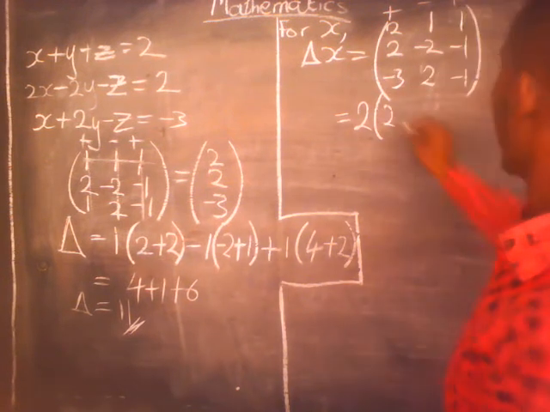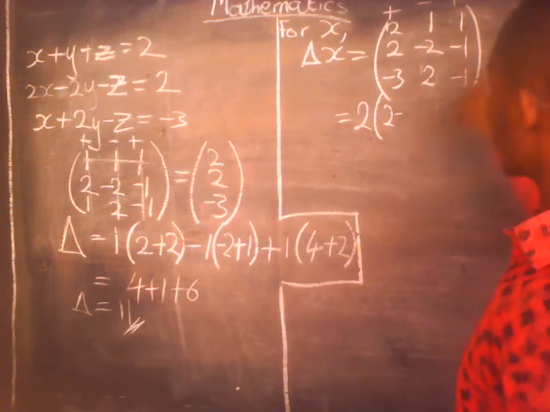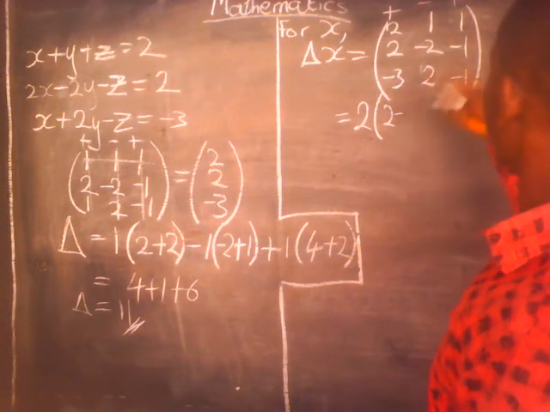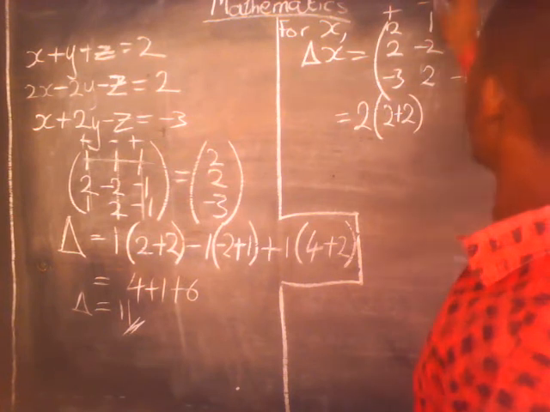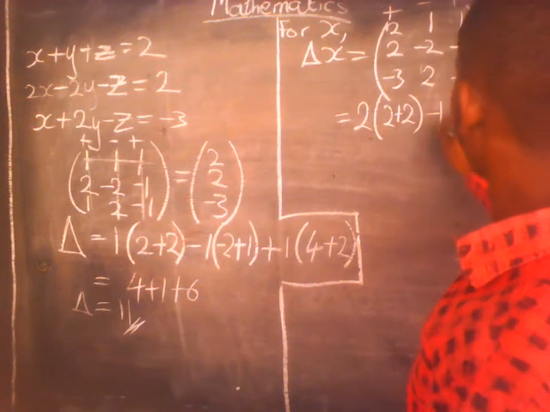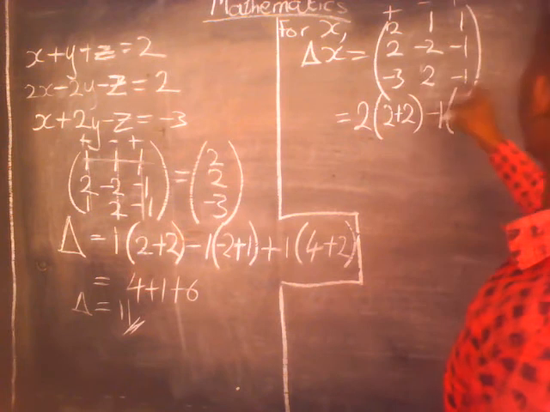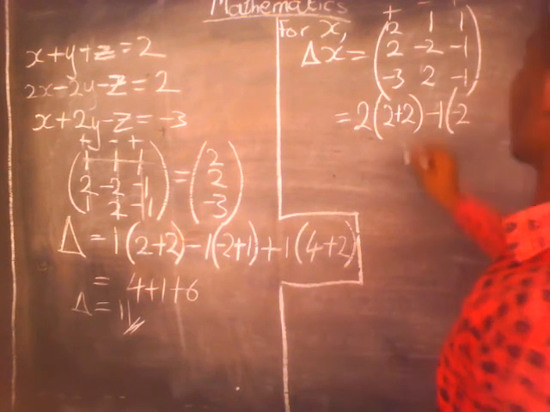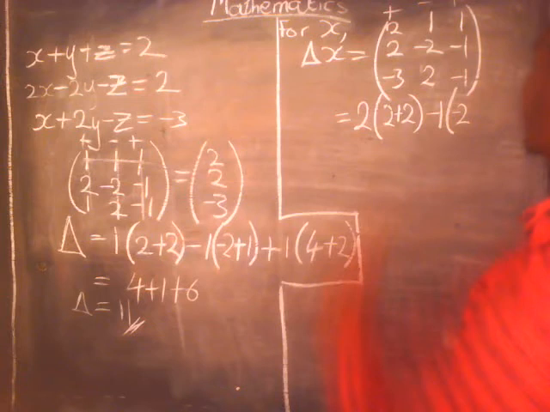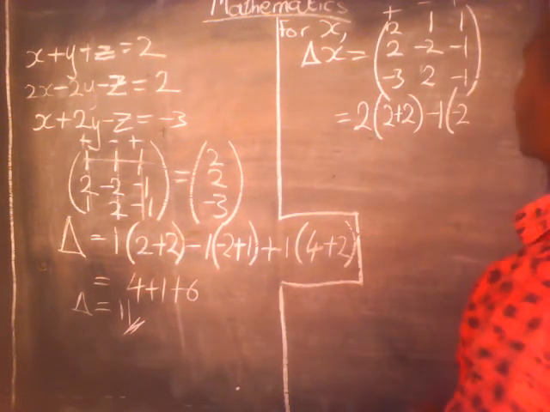Then minus 2 times minus 1 will give me minus 2, which minus 2 gives me plus 2. And then minus 1, open the brackets, the whole of this and this will be out, so I'll be having minus 1 times 2 to give me minus 2. And then minus 3 times minus 1 gives us plus 3.